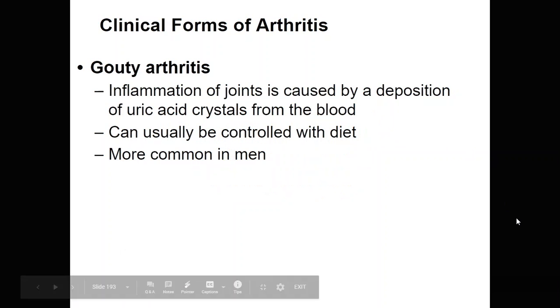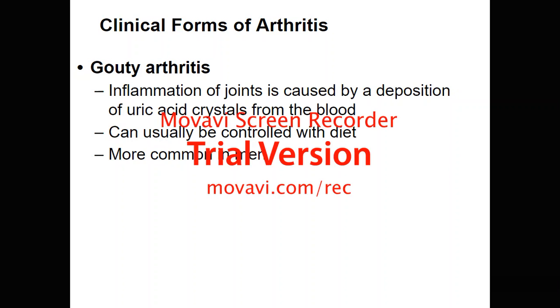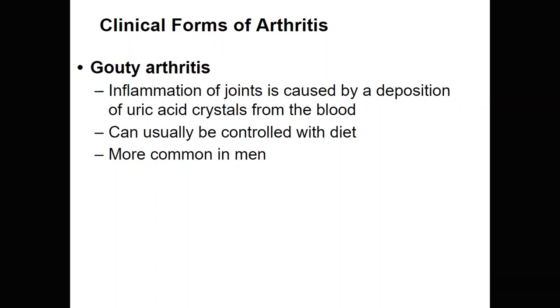Gout, gouty arthritis, is the inflammation of joints caused by deposition of uric acid crystals from the blood. Usually diets high in red meat and red wine, all right, the good stuff, a lot of times lead to gout, and it's more common in men, and usually it occurs in the big toe.